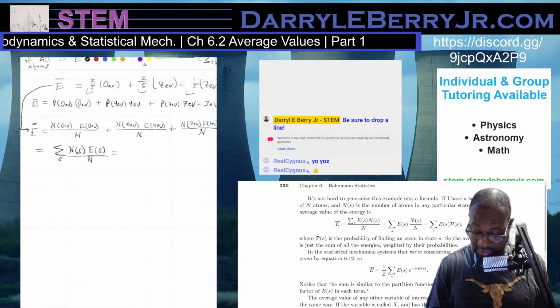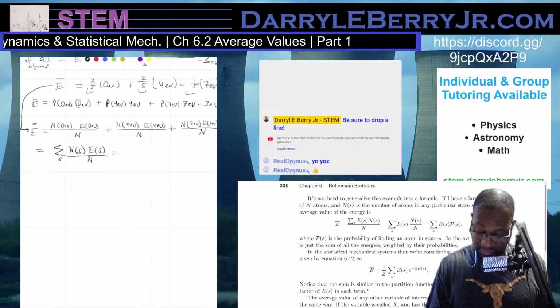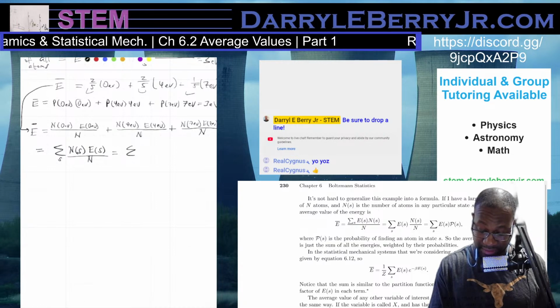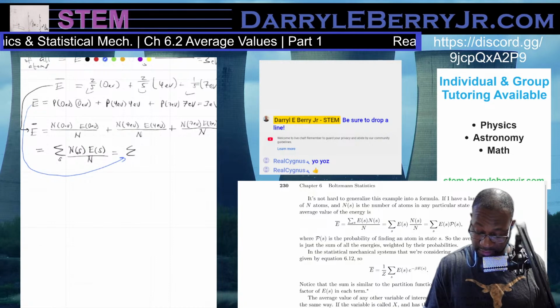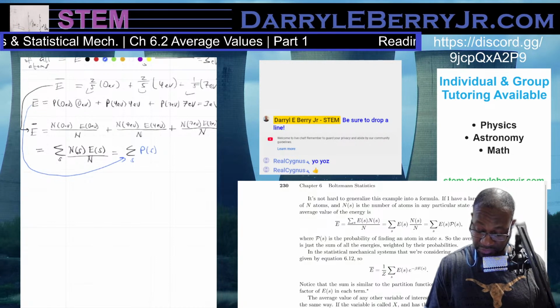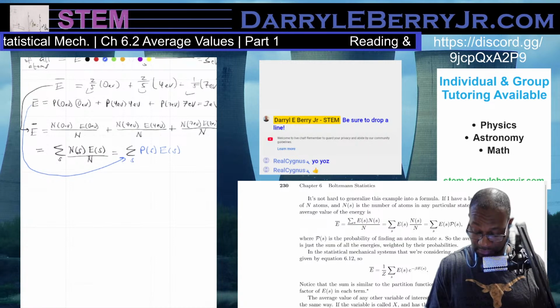And this is similar to what we did before. This is the sum. So going now to this line here, the sum of all the probabilities of each individual state times the energy of each individual state. All right.